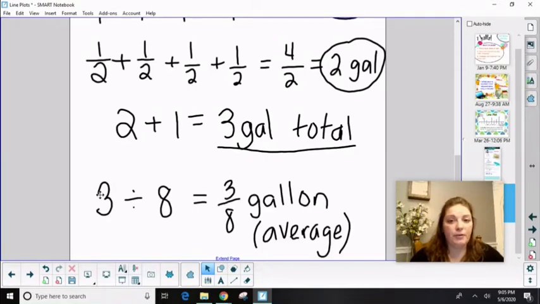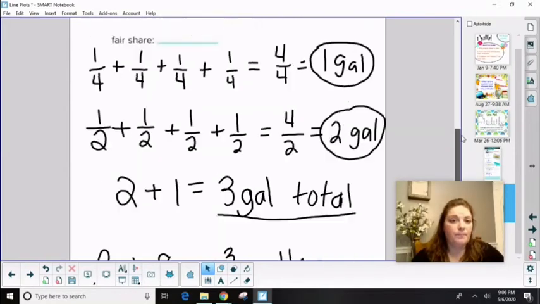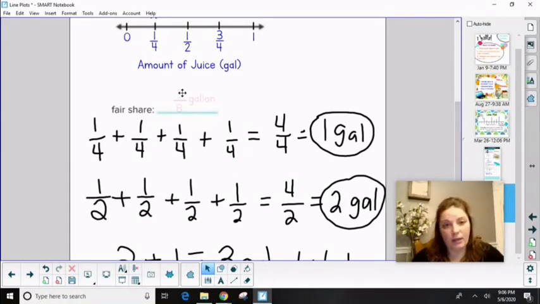So we take our 3 total gallons of juice divided by 8 times where we had data, and we get 3 divided by 8, 3/8. So the average amount of juice is 3/8 of a gallon. Fair share, 3/8. Remember, those words are the same thing, fair share and average.